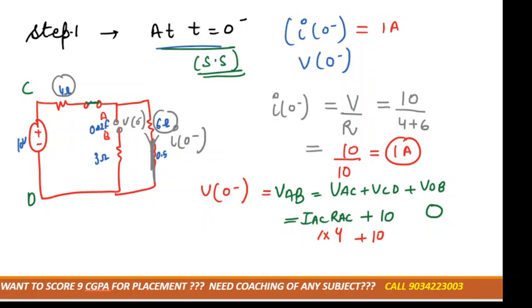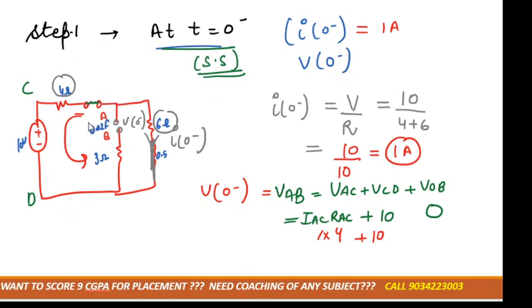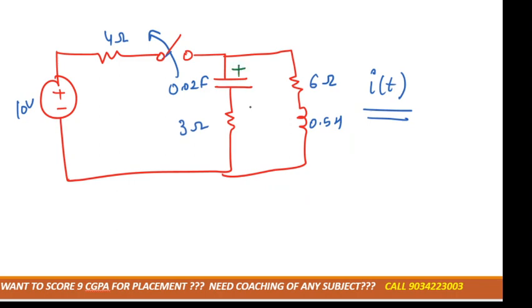Okay, but we have to see the direction, like your current is moving like this now. They have mentioned positive, negative. So according to them, their current is moving in the opposite direction. As you can see that this is positive and this is negative, means their current is moving like this, right?